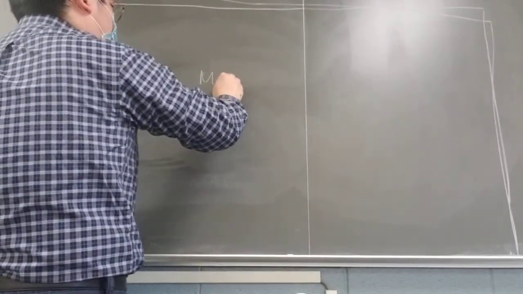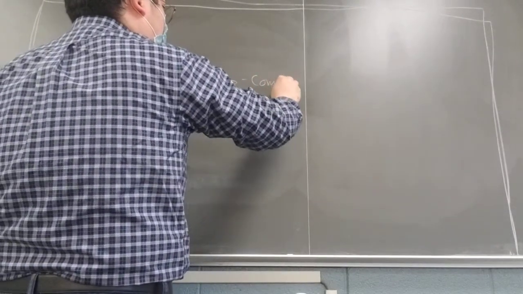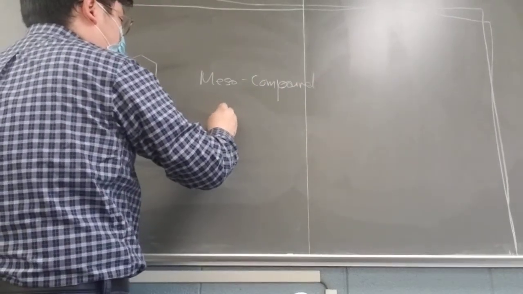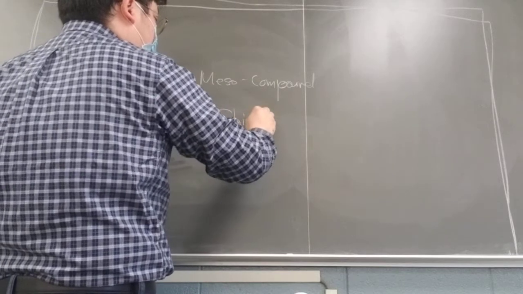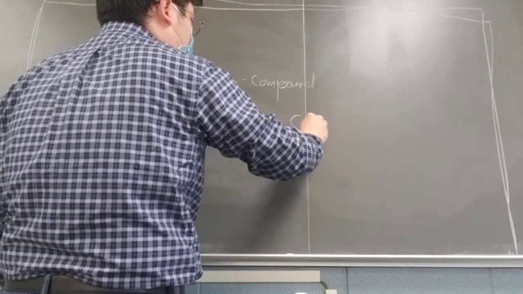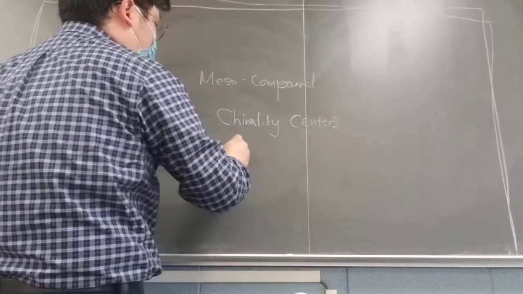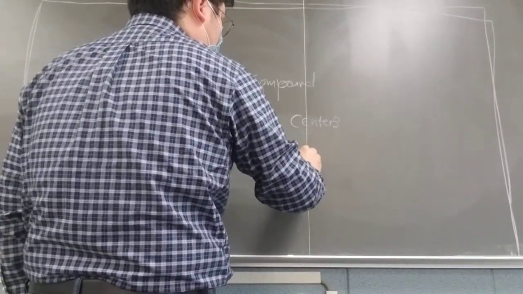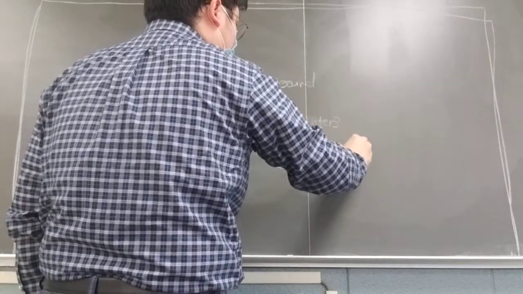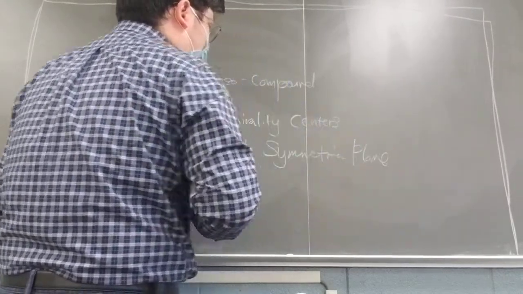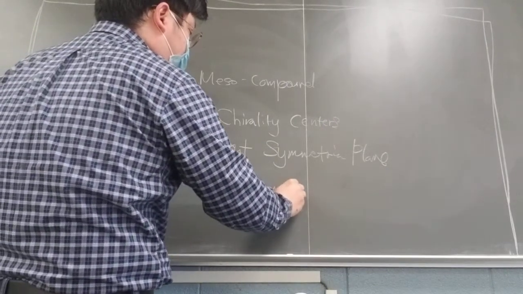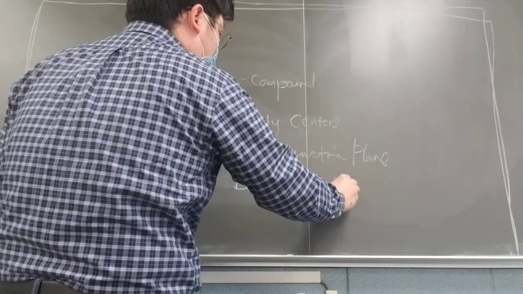You guys remember we talked about the meso compound, right? A meso compound is one that has chiral centers, but it also has a symmetrical plane in the compound, so it becomes achiral, meaning it's not chiral anymore.